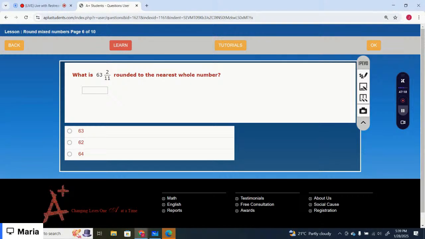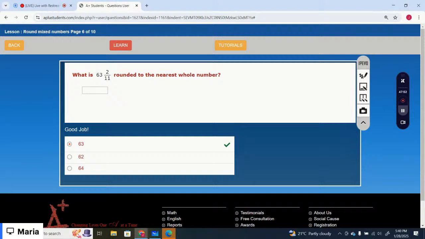What is 63 whole 2 over 11 rounded to the nearest whole number? You have to round to the same whole number because 2 by 11 is less than half.